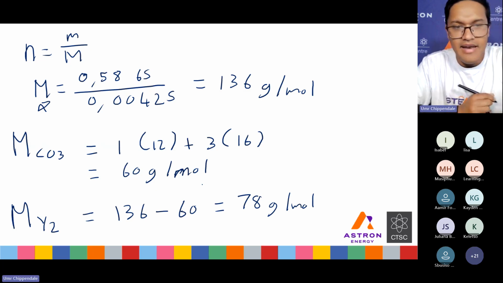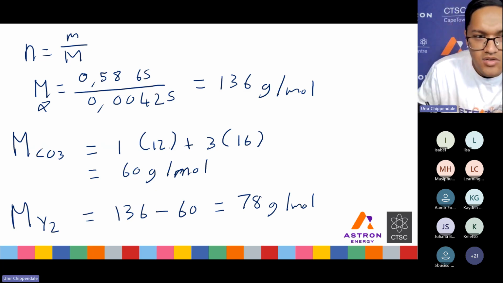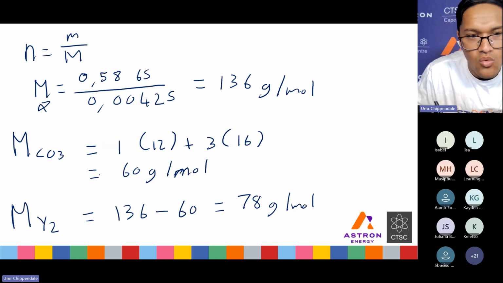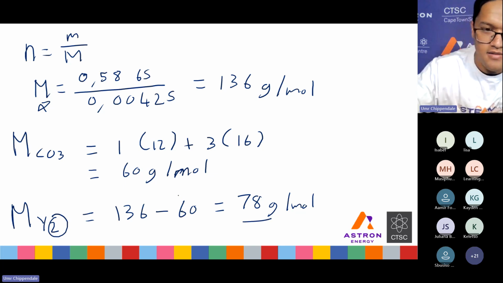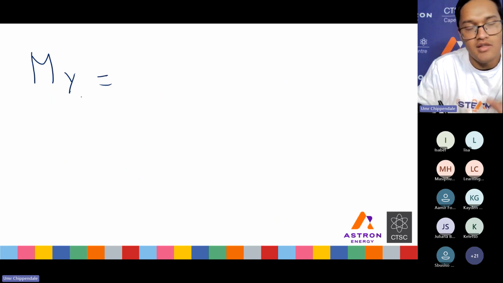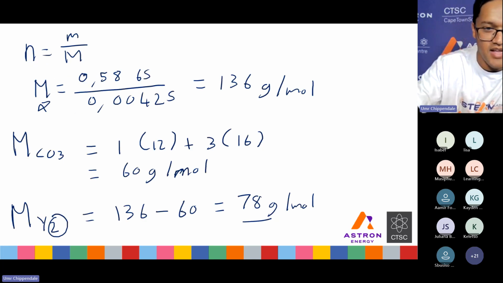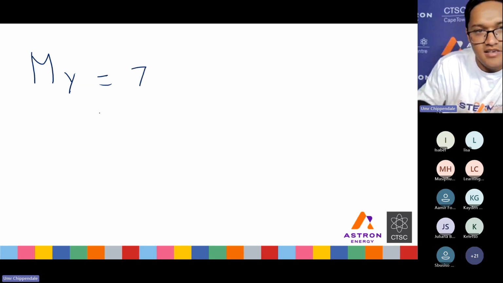Now, don't think you are done yet, because do you see that this is the molar mass of Y2? So now we're going to take this 78. So the molar mass of Y on its own is equal to 78 divided by the 2 that we had.